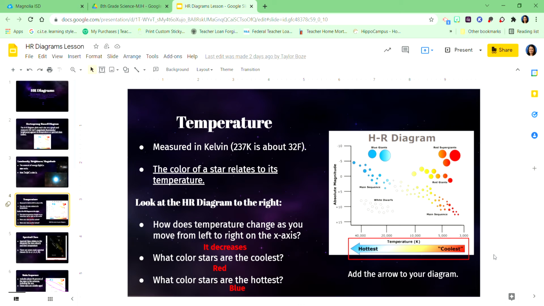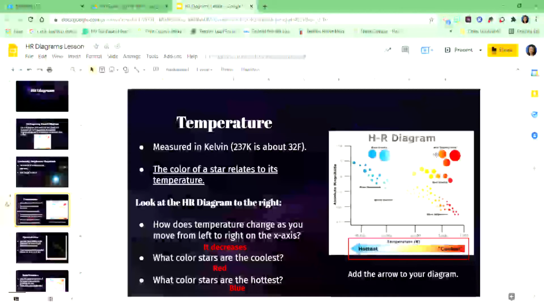So temperature, which is on the bottom, it is measured in Kelvin. So 237 Kelvin is about 32 degrees Fahrenheit. The color of the star relates to its temperature. So if we look at the HR diagram on the right, how does the temperature change as you move from left to right?